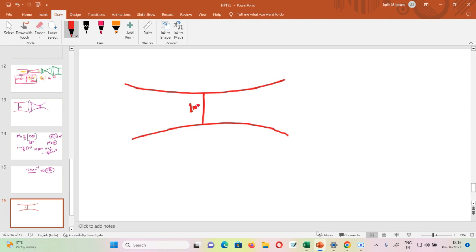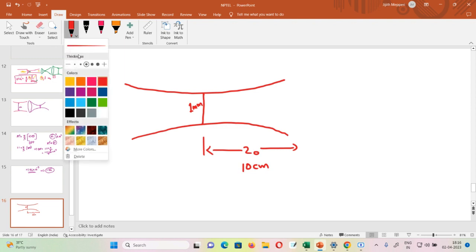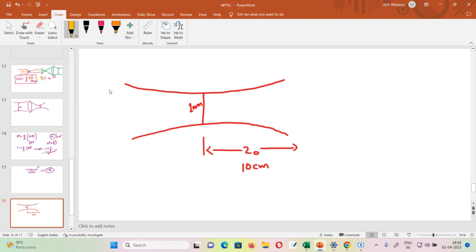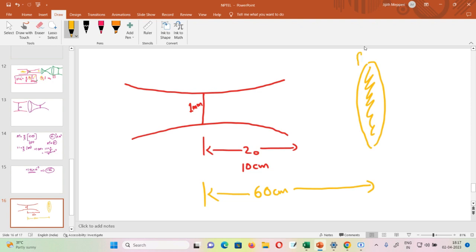It has a Rayleigh range of 10 centimeter; here Rayleigh range z naught is equal to 10 centimeter. They kept a lens at a distance of 60 centimeter, and the lens has a focal length of 15 centimeter. Okay, this is the condition.